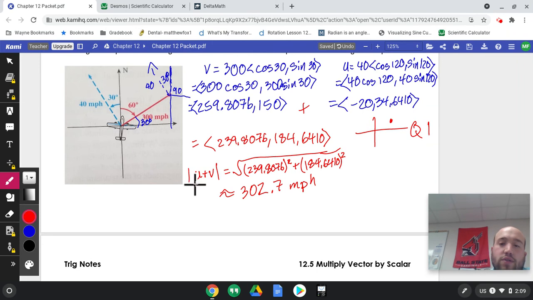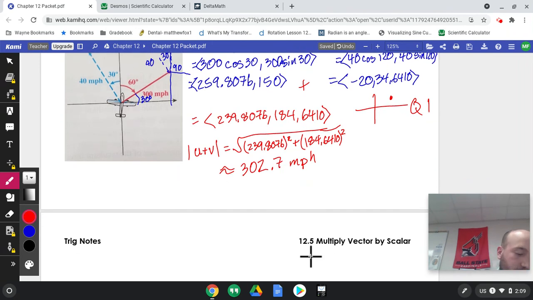Now we need to know what direction that is. So once again, take the inverse tan. Y goes on top, X on the bottom. And we will find theta to be 38 degrees.